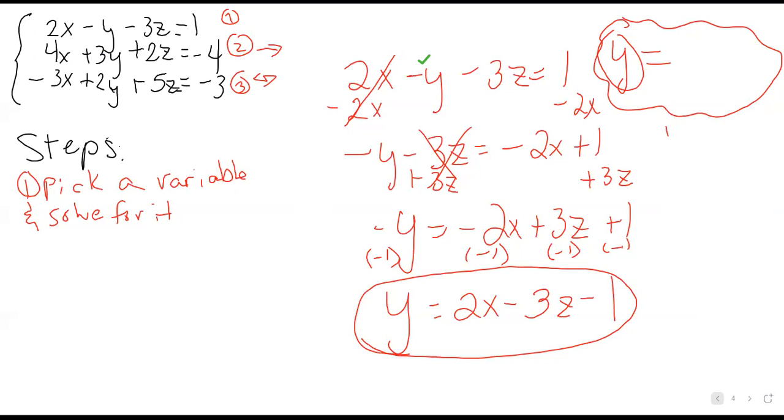So now it doesn't matter which one I do first because I need to replace both of them. So which one do I want to do first? 1 or 2? No wrong answer. 2.